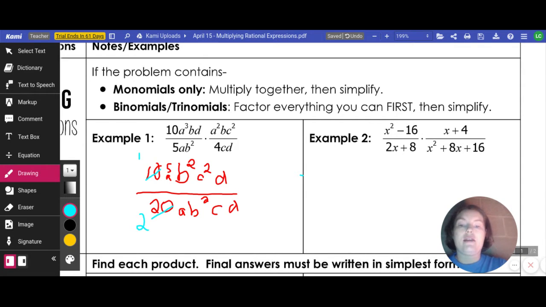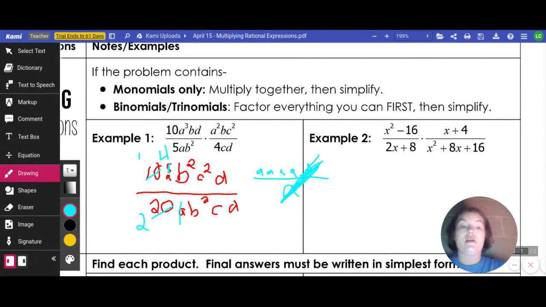If I had a over a, one pair of the a's would cancel out because they would make 1. So I would be left with 4 a's on the top. So instead of writing this out, I'm basically just subtracting my exponents. Remember that from our exponent rules. 5 minus 1 is 4, and wherever the bigger number was, that's where the result is going to be. So I'm going to mark out this a, and I'm going to change this 5 to a 4.